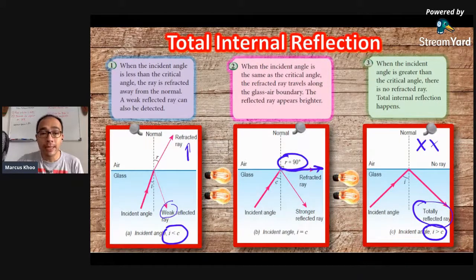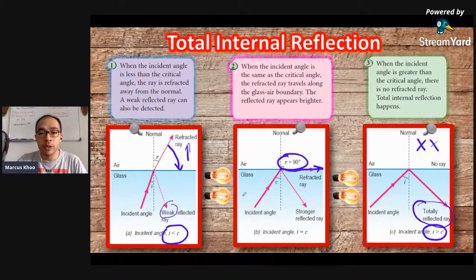And it makes sense because when you increase the incident angle, the refracted angle will become bigger and bigger until it finally reaches 90 degrees, and then after that, all will be totally internally reflected. It's as if this refracted ray and this reflected ray merge.